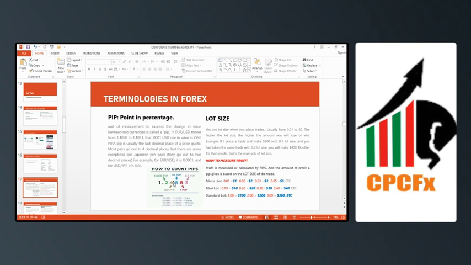Now, if you look at the diagram below, you see that the pips calculation is already there for you to go through. In the normal pips calculation in forex, you always see this number in the forex chart.